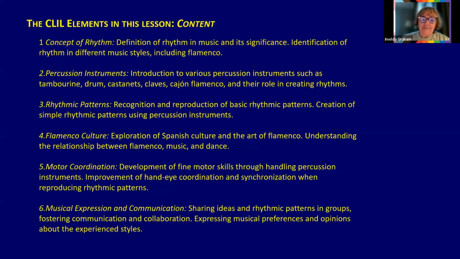Rhythmic patterns, recognition and reproduction of basic rhythmic patterns, creation of simple rhythmic patterns using percussion instruments. Flamenco culture, exploration of Spanish culture and the art of flamenco, understanding the relationship between flamenco music and dance.